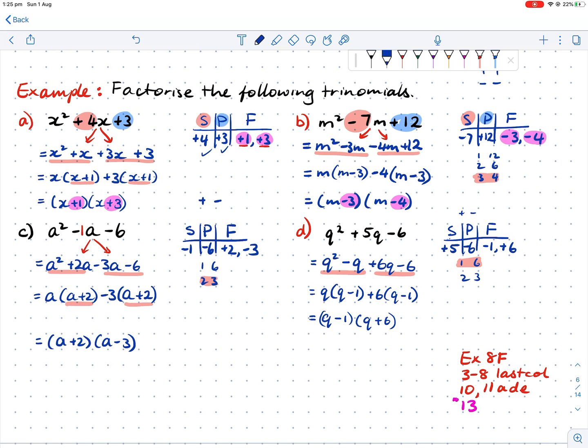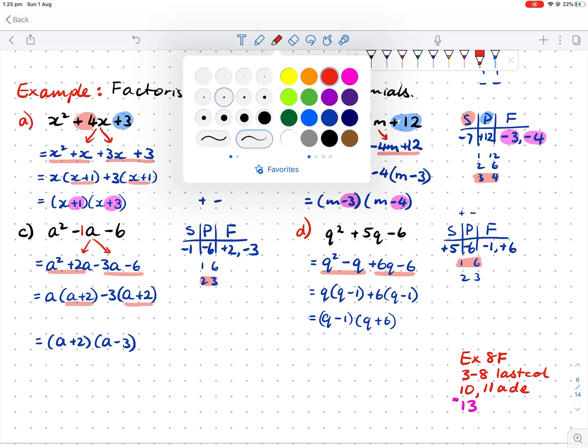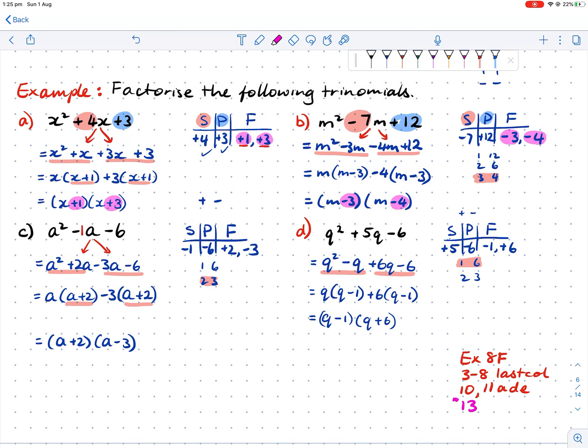And that's how we factorize trinomials. So again, you can use your shortcut. If we look at the factors here, those two numbers can actually go directly into the brackets. But it's important that you do pick the right numbers and the right combination that's going to produce the correct result.